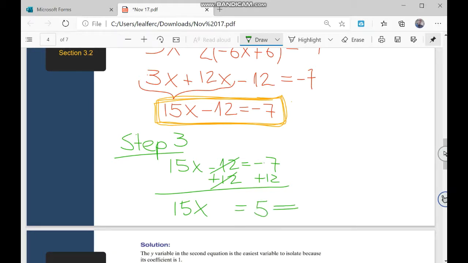That means x equals 5 divided by 15, which is 1 over 3. Then you're going to find y. You're going to substitute 1 over 3 into the equation and find y. That is a preview of step number 3 that we're going to work on tomorrow.